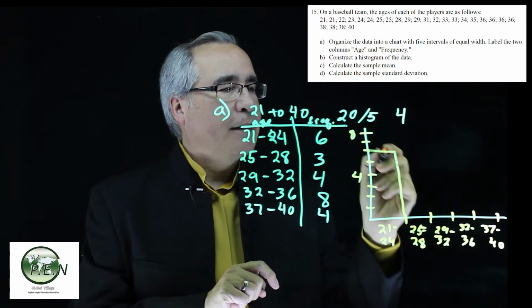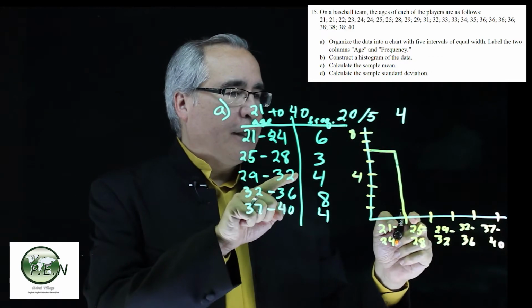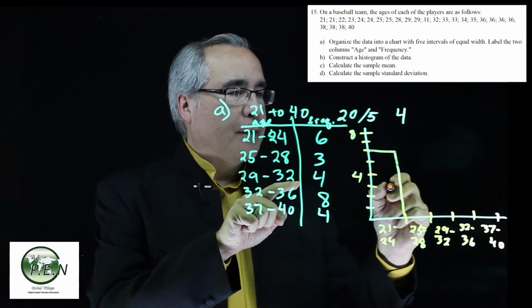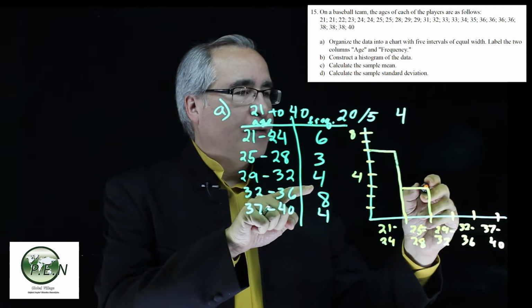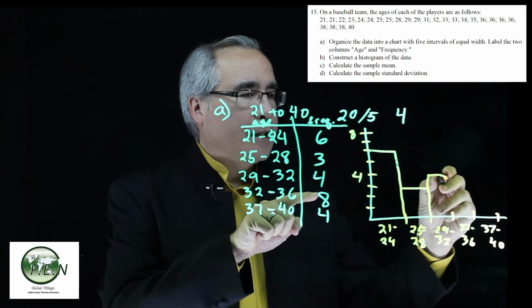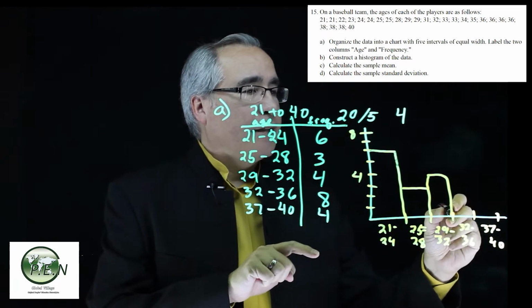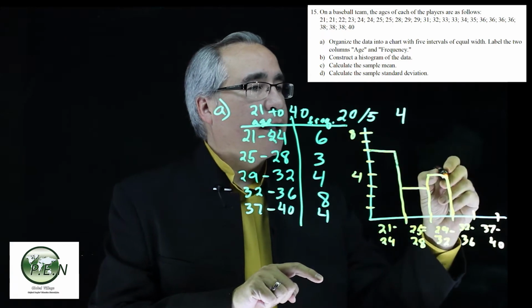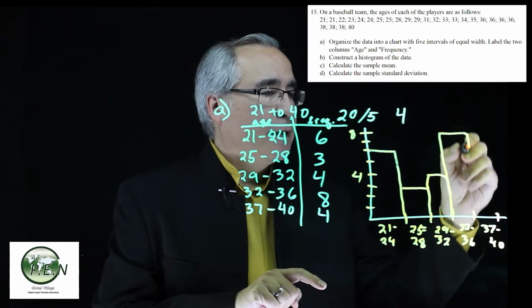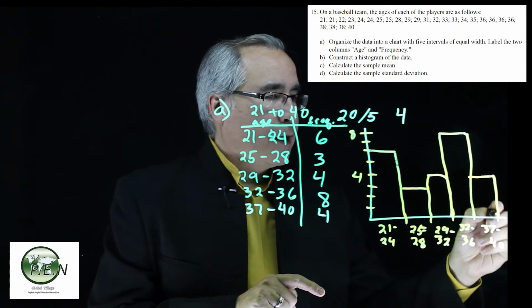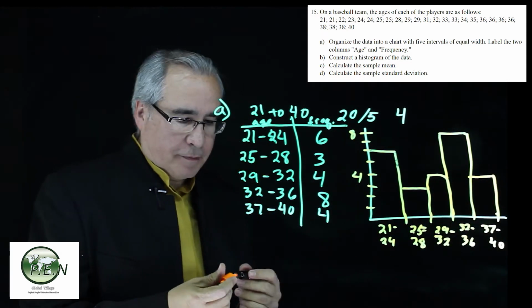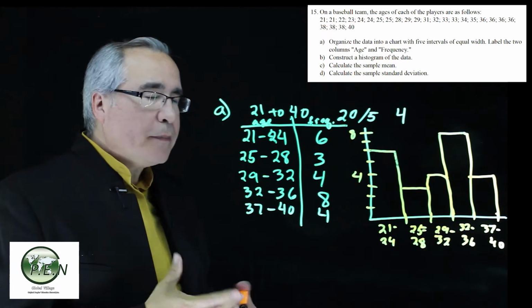There are 3 in this group. So we get a chart looking like that. There's 4, so we come up to the 4. This one there's 8, so that's the one we go all the way up to the top. And the last group there's 4. So now we have our histogram that we've drawn by hand.